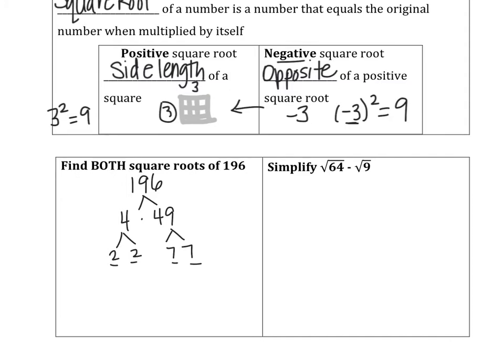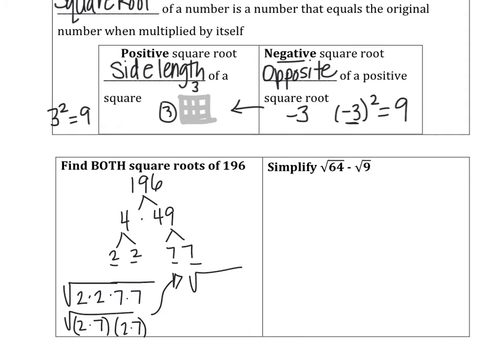So the square root of 196 is the same as the square root of 2 times 2 times 7 times 7. We can rearrange that as 2 times 7 times 2 times 7, which is the same as 2 times 7, which is 14, squared.